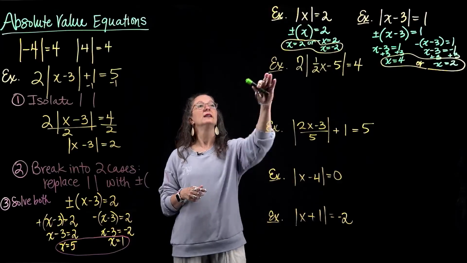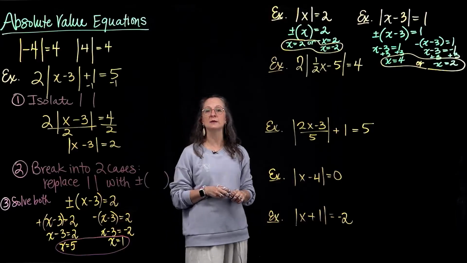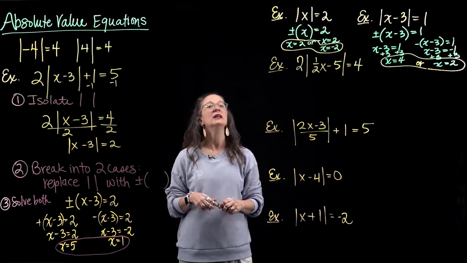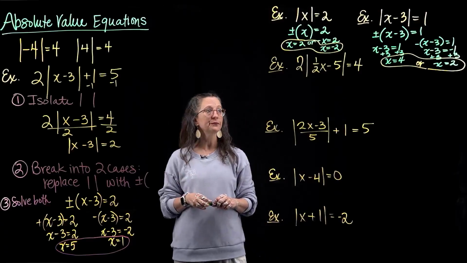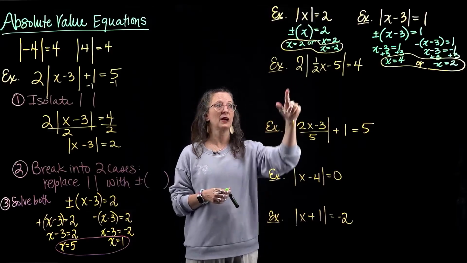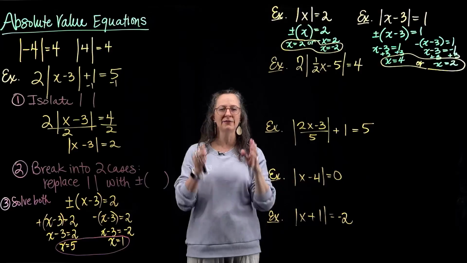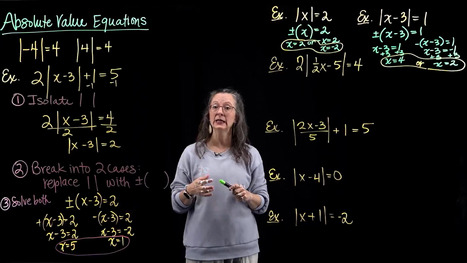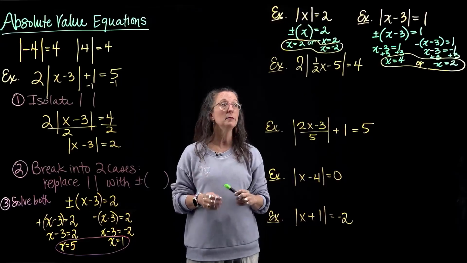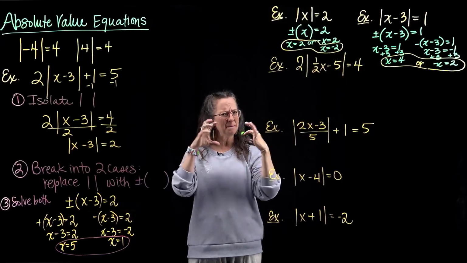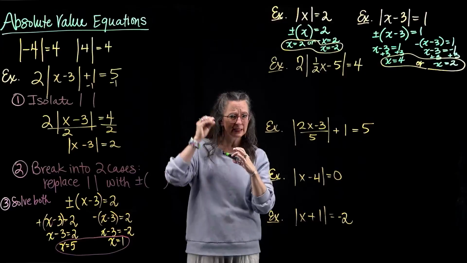All right, next example, 2 times the absolute value of 1/2 x minus 5 is equal to 4. Now, I've put something really tempting here. I've got a 2 and a 1/2 so close to one another, and it is really tempting to cancel those. But we want to remember that that absolute value is a vacuum-packed, sealed container.